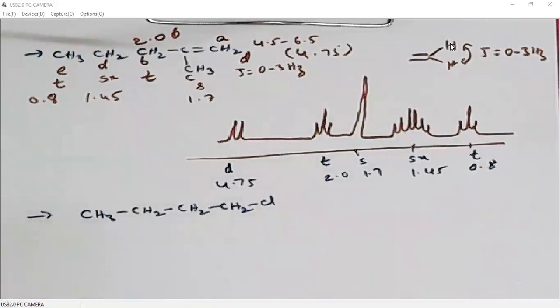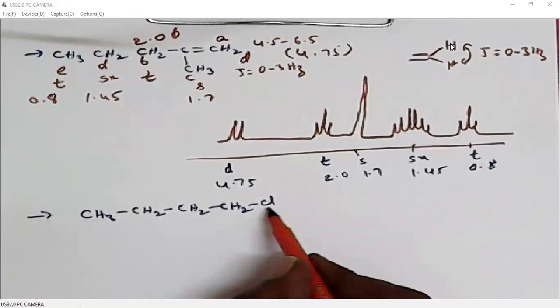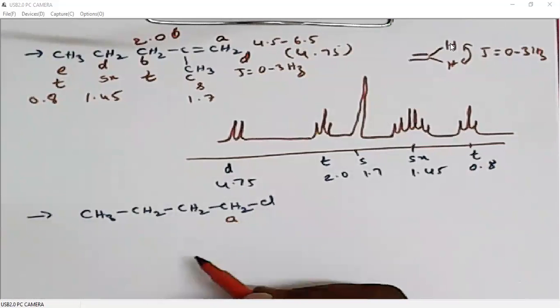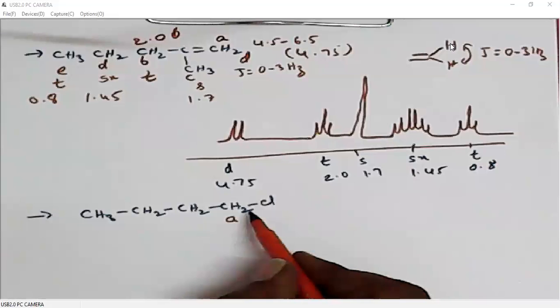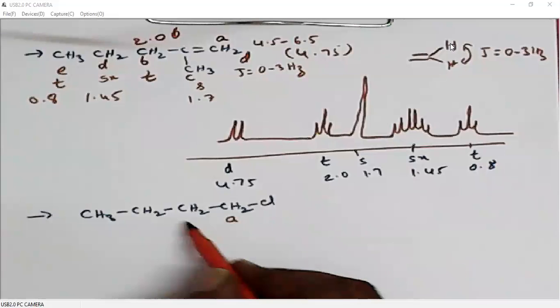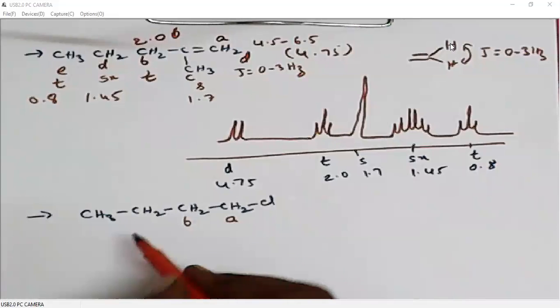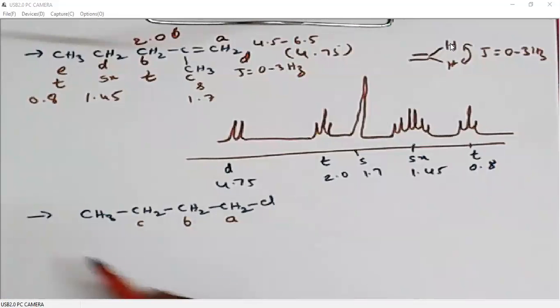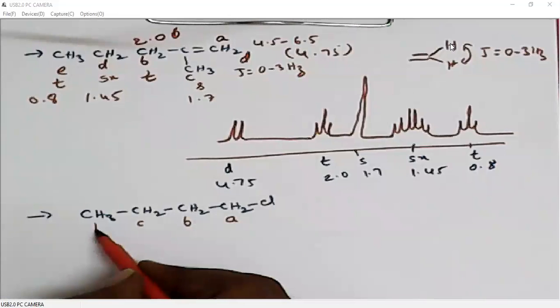When we want to predict the order of frequencies, because this carbon is attached to the more electronegative chlorine, it will have the highest delta value among all these protons. Now we know that the inductive effect decreases with distance. So the next one will be this one. The next delta value will be for this, and the least delta value will be observed for this.